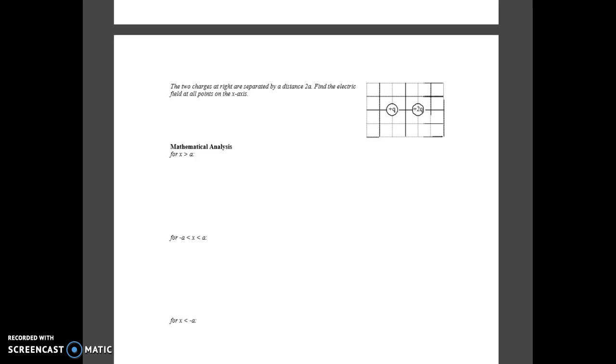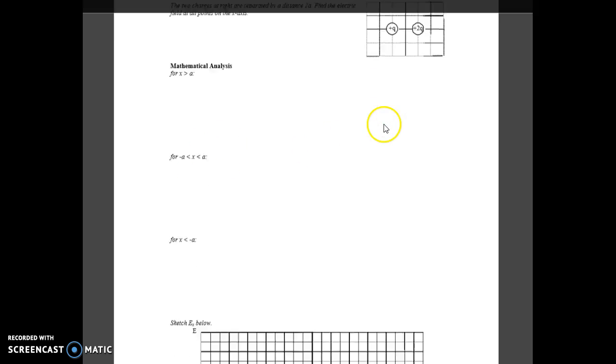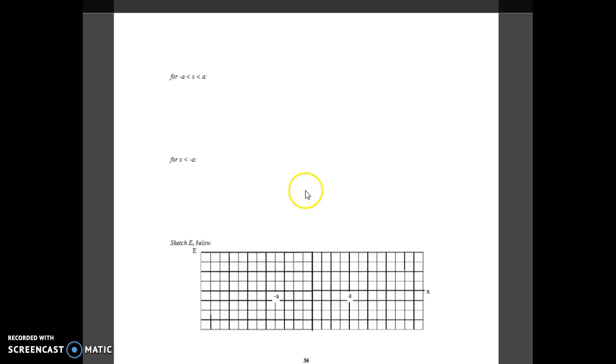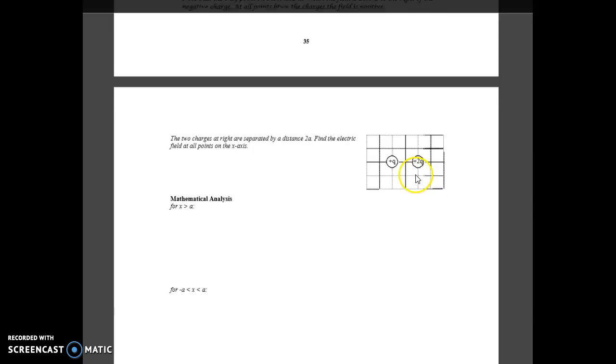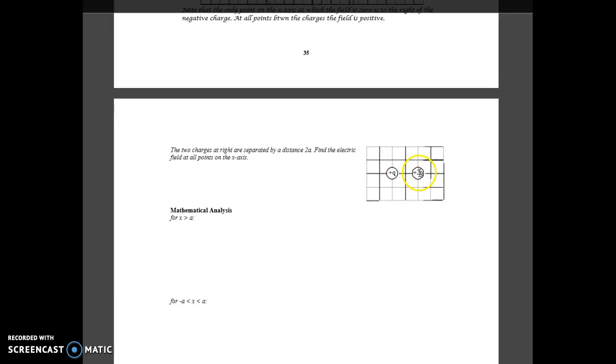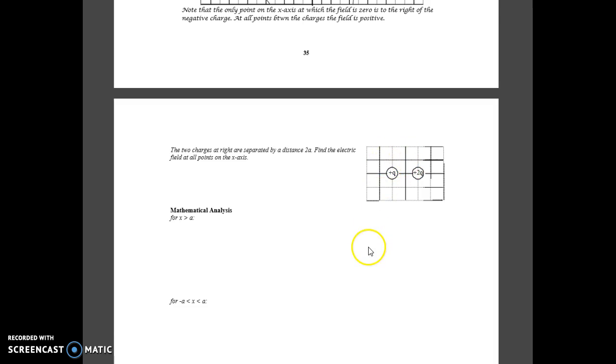It basically asks us to determine the differences in the equations at all the different locations, a negative A being, in my mind, at the point at the positive 1 charge, and positive A being at the positive 2 charge, and of course 0 being in the middle, and each block is represented by a distance A.